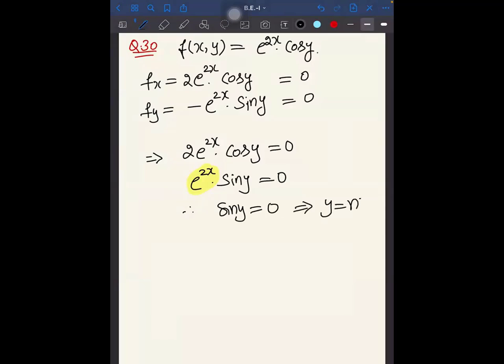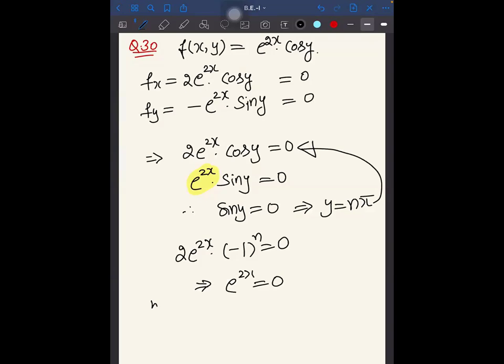Now you put your n pi over there in order to get the value of x. So 2e^(2x) into minus 1 raised to power n is equal to 0. Do we have any solution for this? Exponential cannot be 0, right?